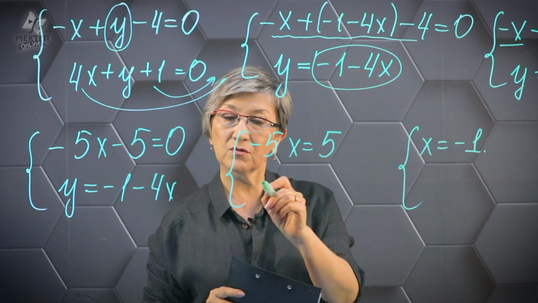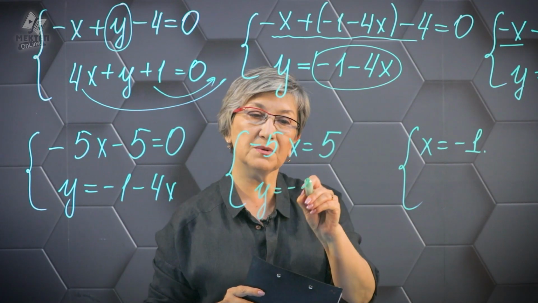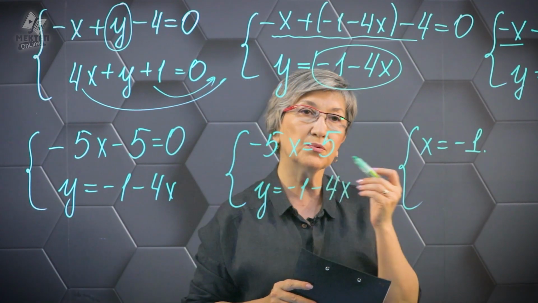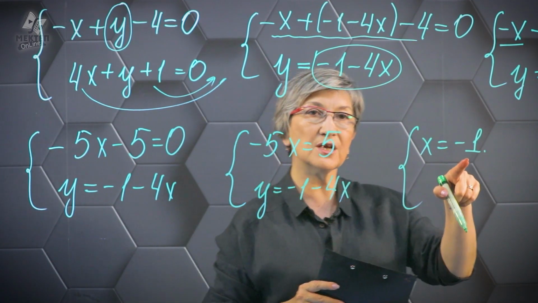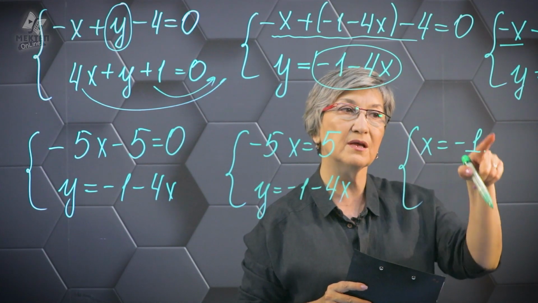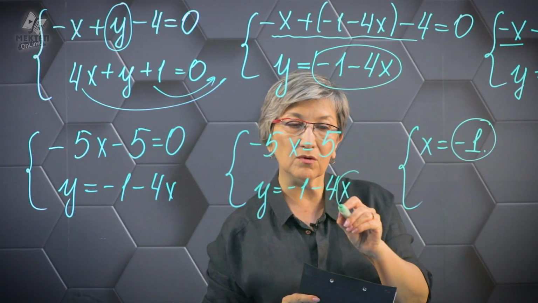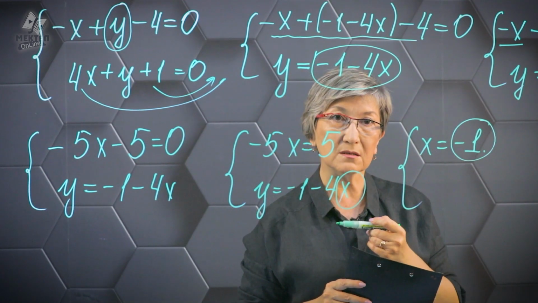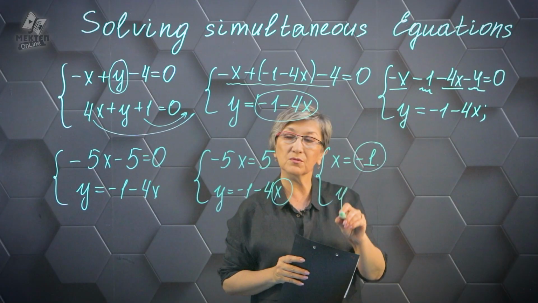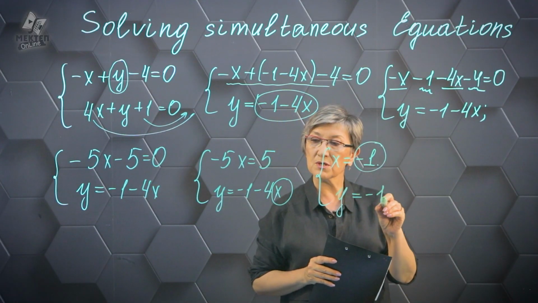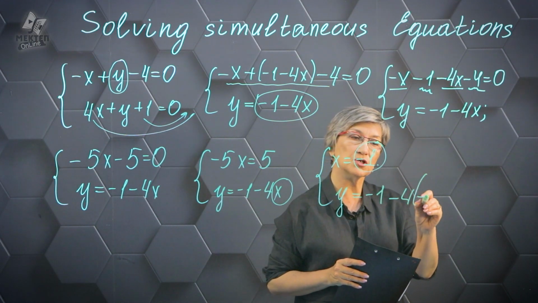When I solve the first equation, I will rewrite the second equation. And only after I found the value x equals minus 1, I will substitute it instead of x, and then the result will be y equals minus 1 minus 4 times minus 1.